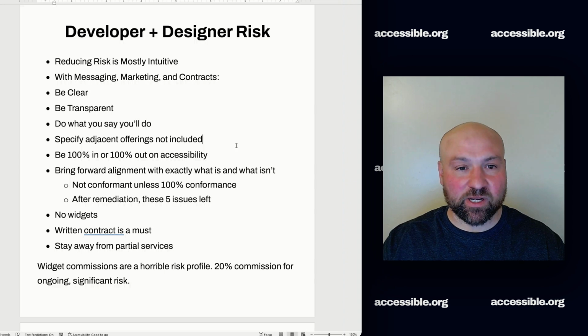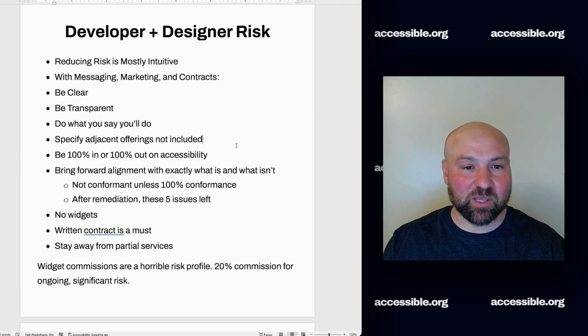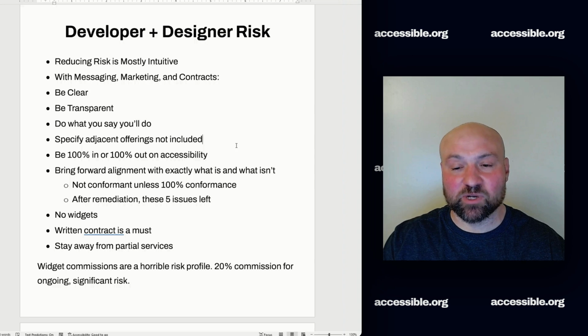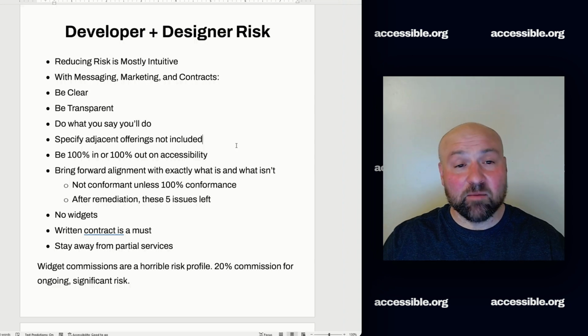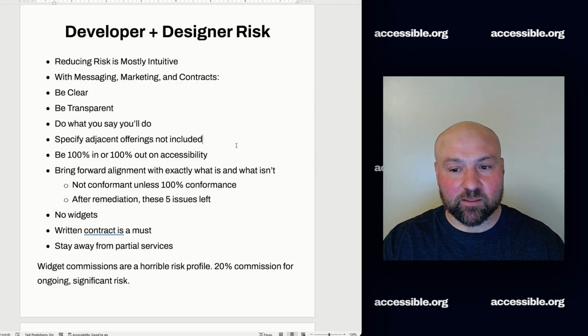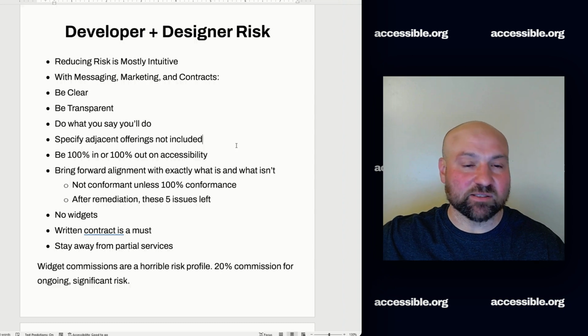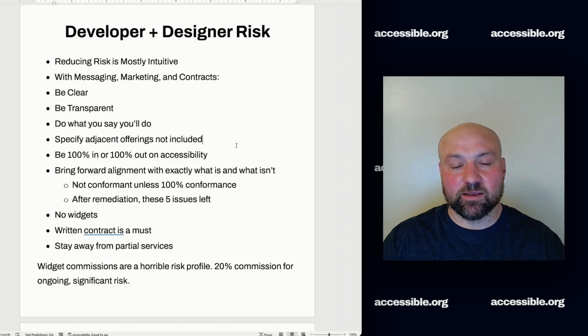This next bullet point is very important because this is where I see the most risk being posed to agencies and to contractors and to just people who are offering marketing services. People are telling their clients, their audience, that an overlay widget will make their website ADA compliant or something else, WCAG conformant, whatever it is.